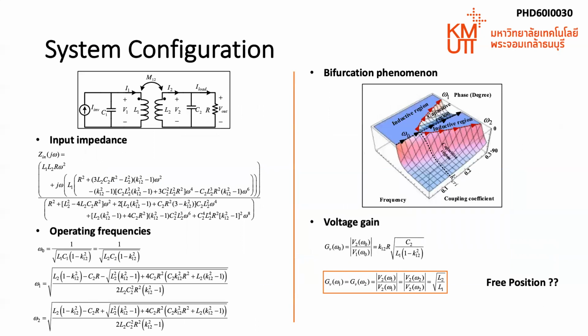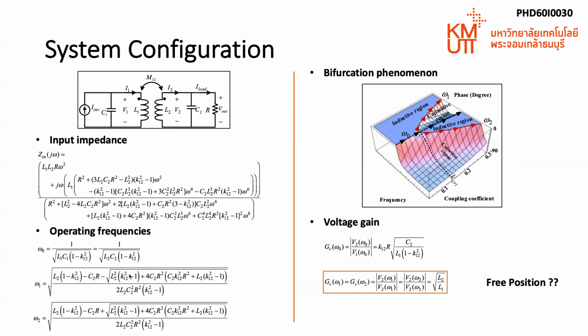Now that the PP compensation circuit is selected, we would like to find all the hidden operating frequencies. All possible operating frequencies are obtained by setting the imaginary part of the input impedance to 0 and solving for omega. There are three operating frequencies.